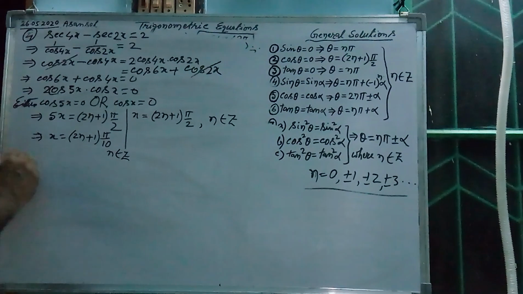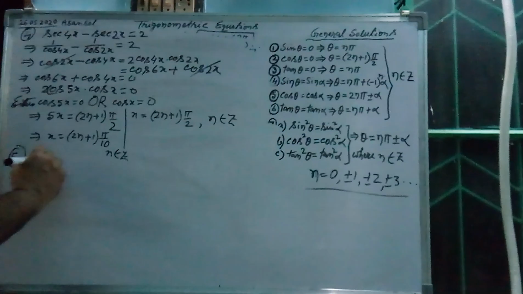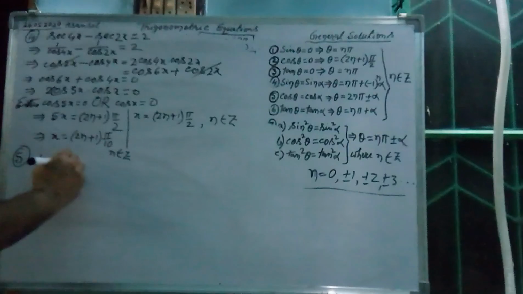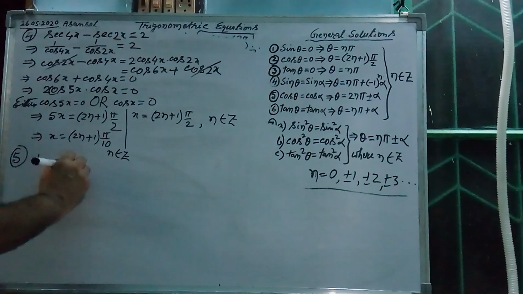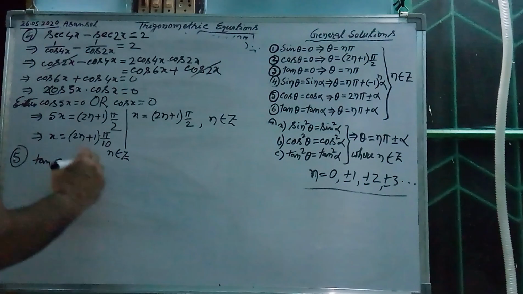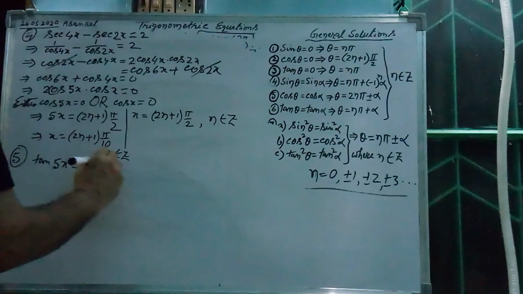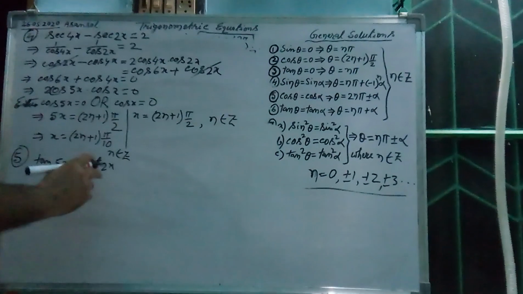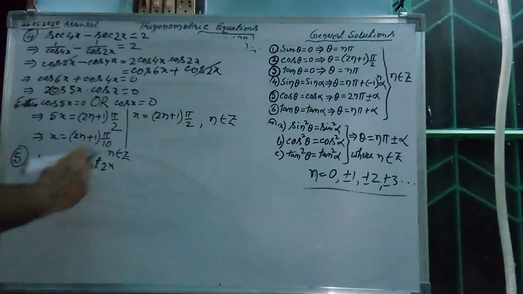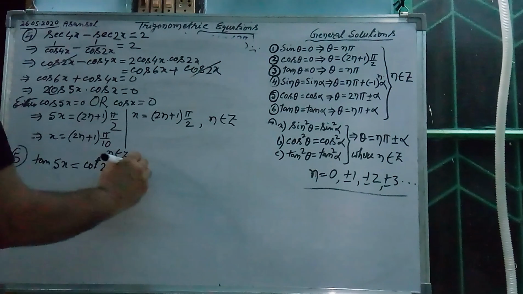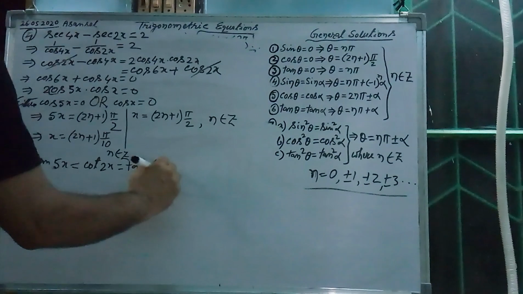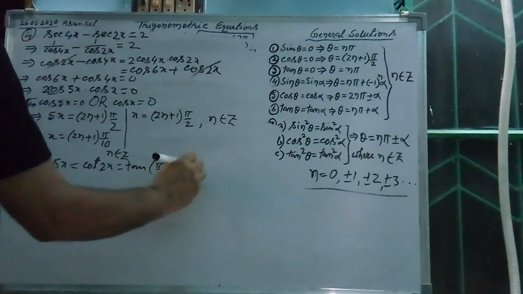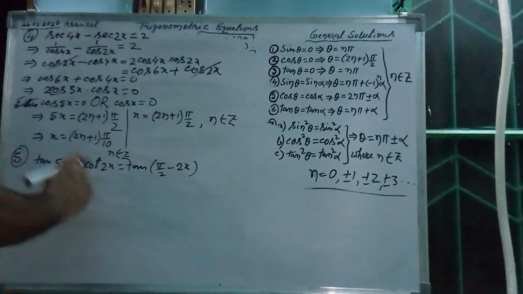Next, question number 5. The question is given tan 5x is equal to cot 2x. This cot 2x can be written as tan of pi by 2 minus 2x, since tan of pi by 2 minus theta is cot theta.